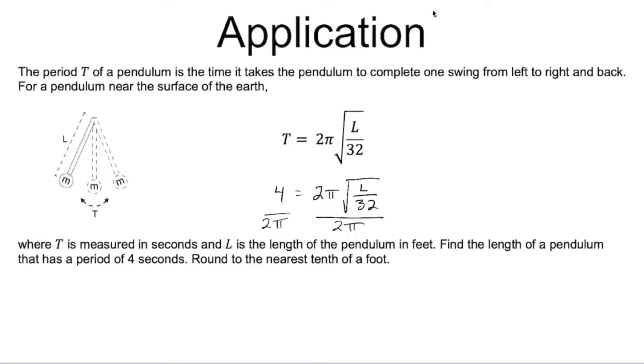That's going to give us, well, 4 over 2 is 2. So we're going to be left with 2 over pi equaling the square root of L over 32.